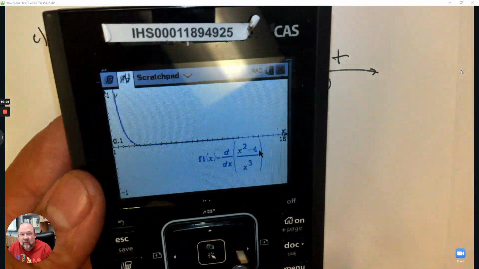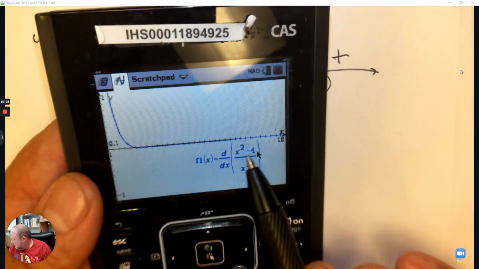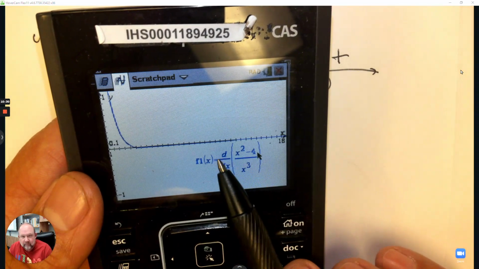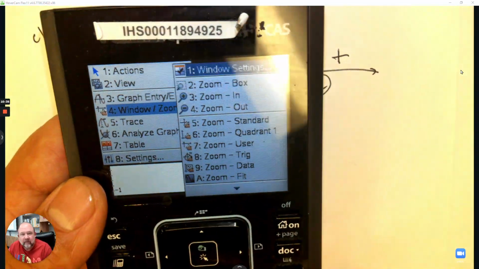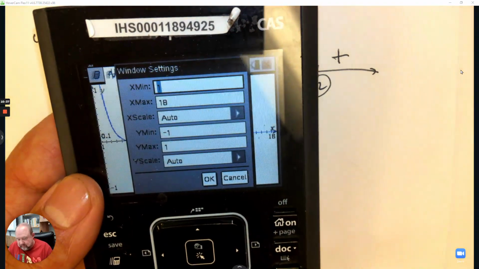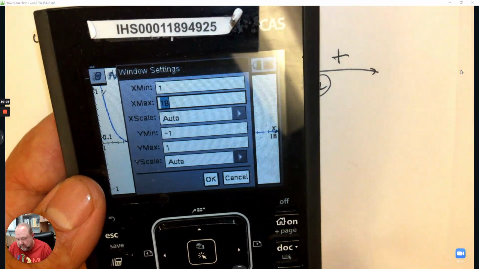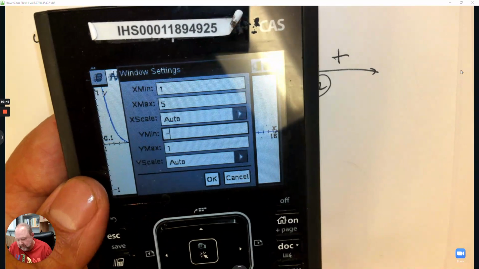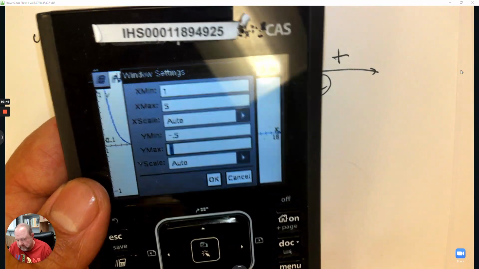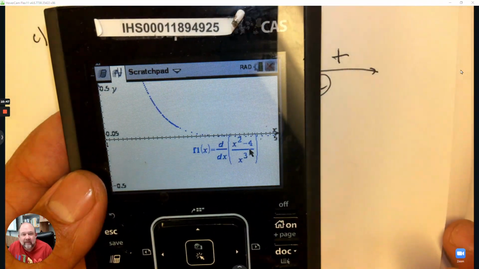I need to look at it really carefully here, right? Let me change that window. See if I can see it.